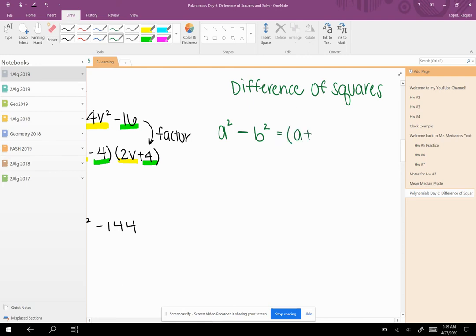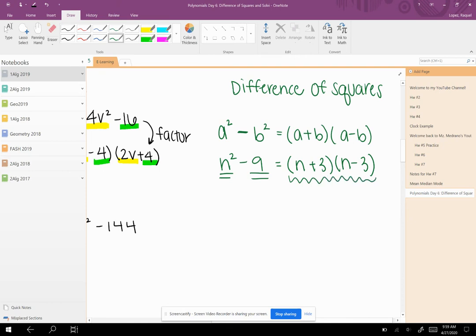So I'm going to have a plus b and then a minus b. So for example, if we go back to our number 1, n squared minus 9, this was a perfect square term. 9 was a perfect square term. So when I factor it, it's going to follow the following structure, right? You're going to take the square root of both of them and then put them into their respective factors.